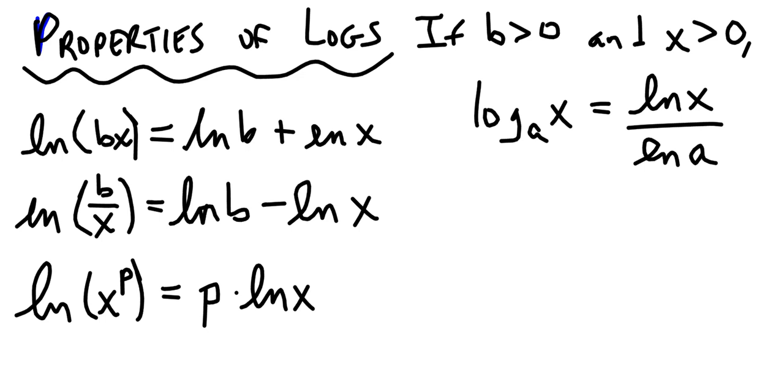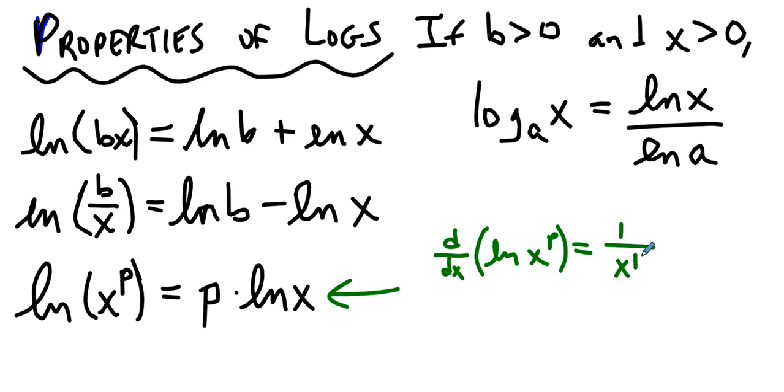I'll prove one of them here just for kicks and giggles. I'll prove this one. So we're looking to show that this is true. I'm going to do it through a back door. Let's take the derivative of the natural log of x to the p. The derivative of the natural log of x to the p is 1 over x to the p times the derivative of x to the p, right?